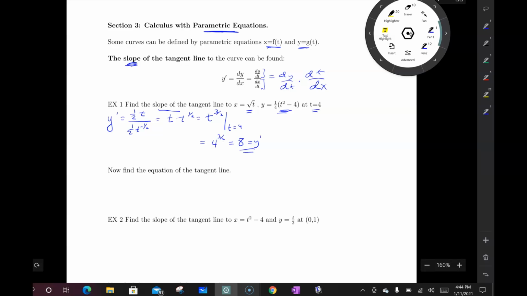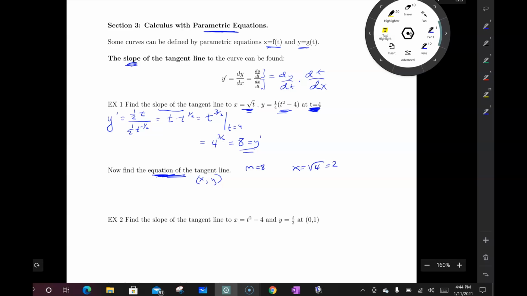Oh, that's all it's asking for here. Down here, it's asking for the equation. All right, so I know that m is equal to 8. How do I find the point? If I'm finding an equation of a line, I need an x and a y point. Well, these x and y points happen at this particular t value. So I put this t into the x.